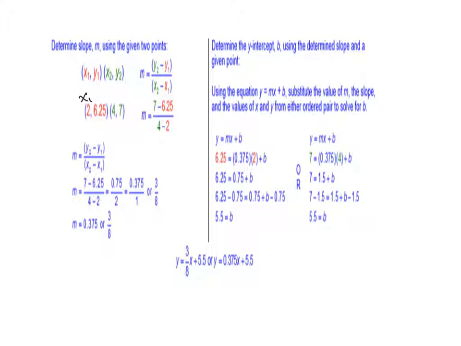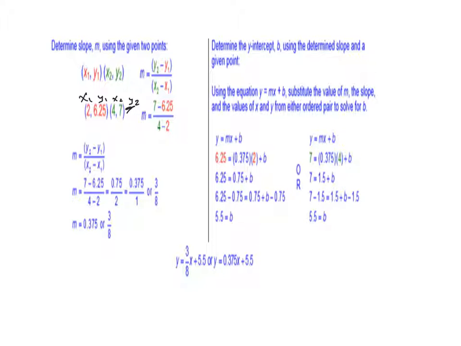This is our x1, y1, x2, and y2. So now we'll take 7 minus 6.25 divided by 4 minus 2. We're going to get 0.75 divided by 2, and that's going to give us 0.375.